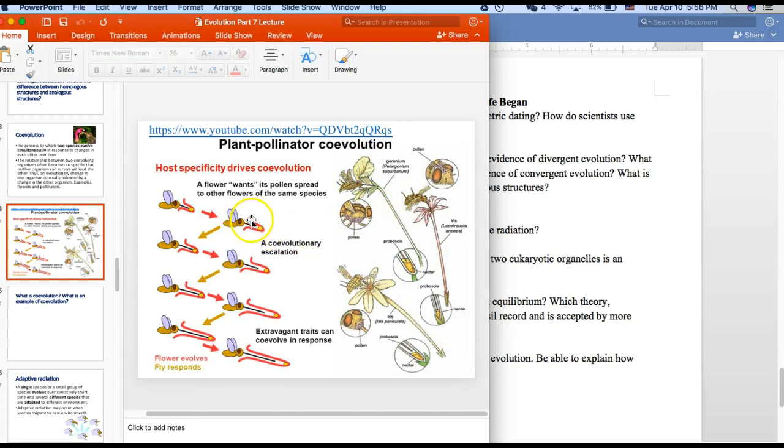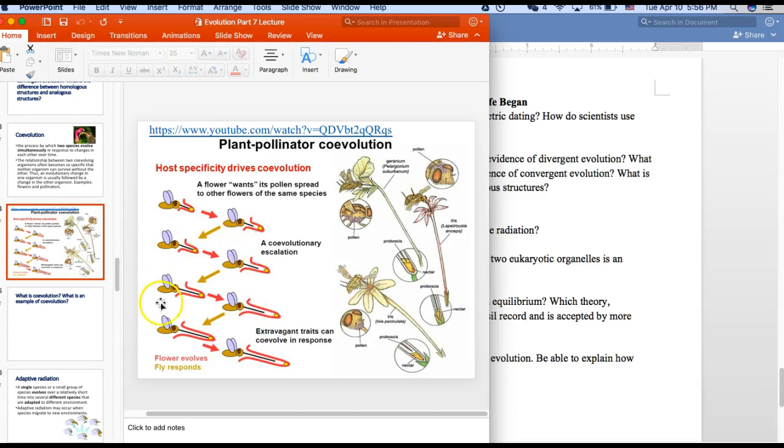And as this pollen tube is changing, these flies are also changing their mouth parts. The reason for that is because if the pollen is moving backward a lot, this fly also has to extend its mouth parts in order to get the pollen.